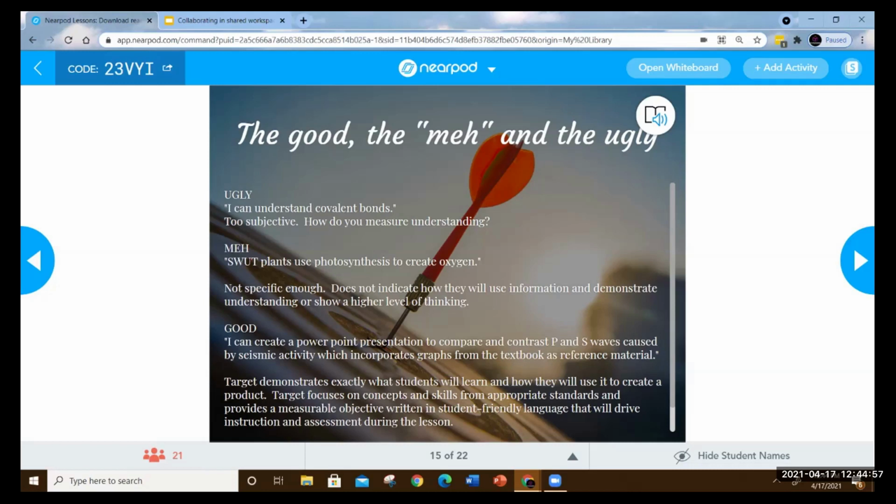And then they're going to make meaning of it by creating a presentation and then sharing that presentation with you, okay? So it demonstrates exactly what they're going to learn and how they're going to use it to create a product.